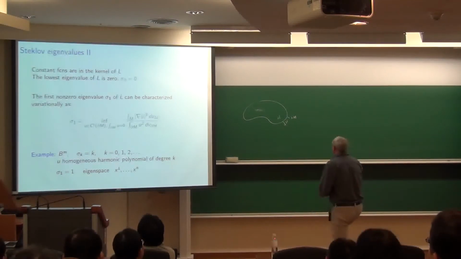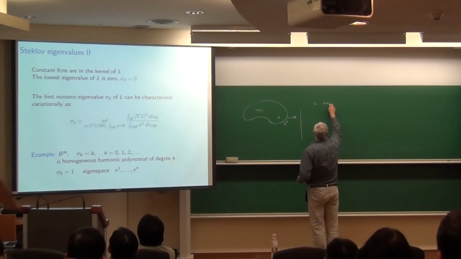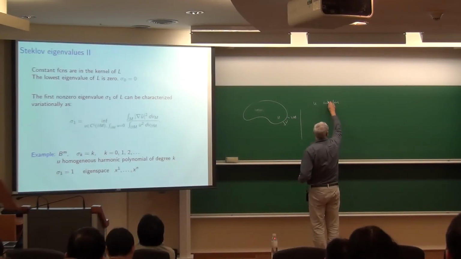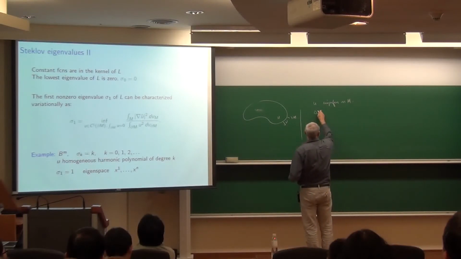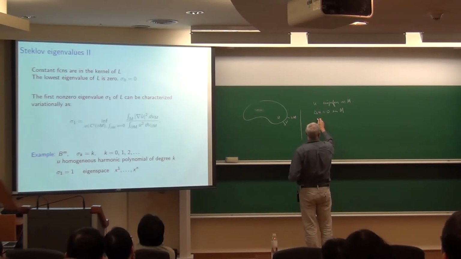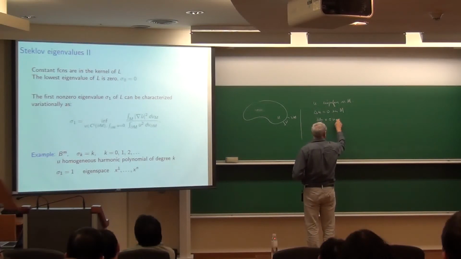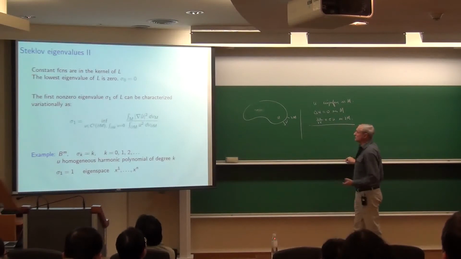So what's a Steklov eigenfunction? Say u is an eigenfunction on M. It means u is harmonic in M, so really u restricted to the boundary is an eigenfunction, and the normal derivative u_normal is sigma times u. Those are the Steklov eigenfunctions.